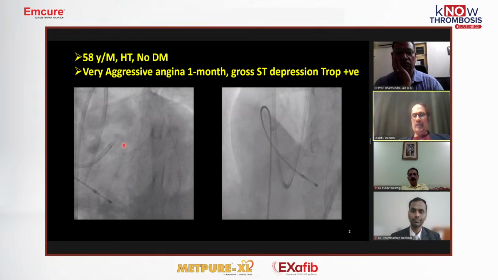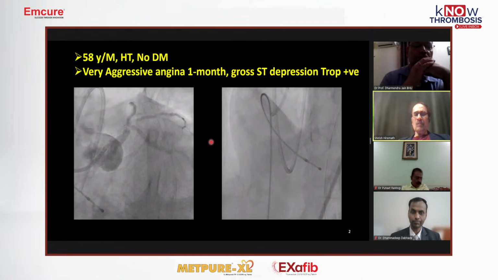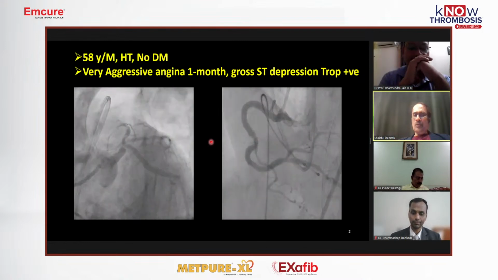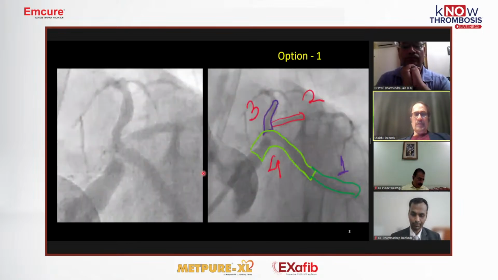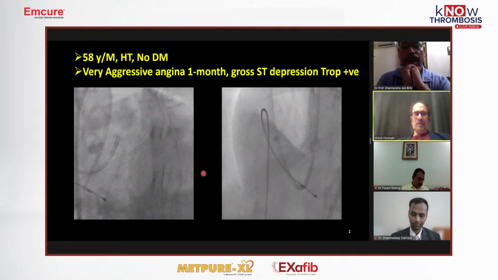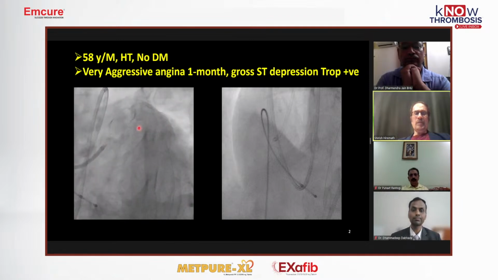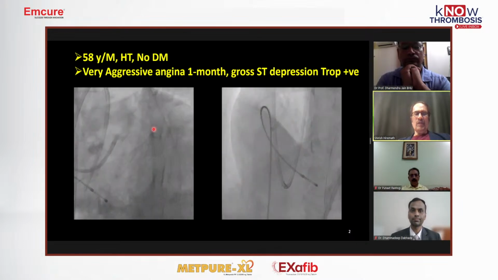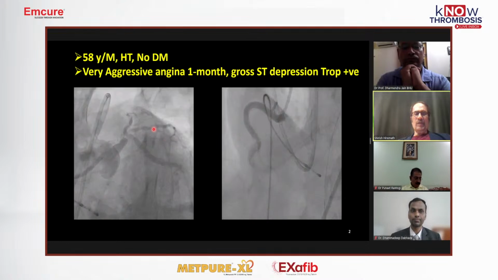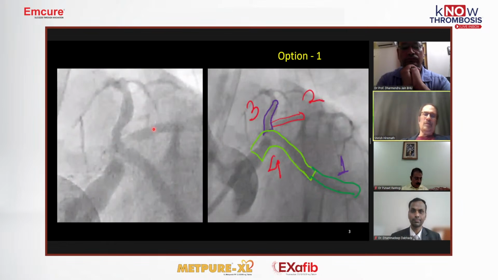There is some narrowing in the mid portion, but maybe one could do an FFR, but we felt this was not contributing to the current problem. The patient was going into recurrent failure because of this vessel. The mitral regurg could be documented at grade 3 and 4 on echo.